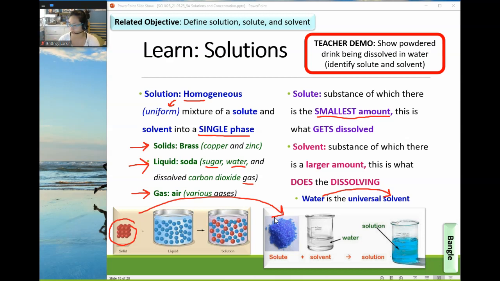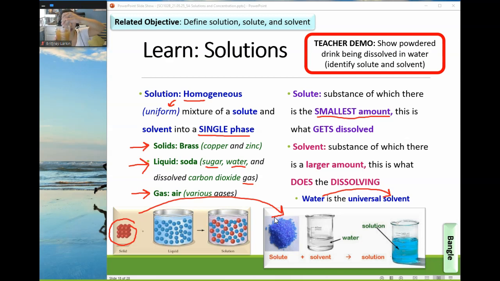So let's go ahead and take a look at an example here. You can see that I have a cup of water and I have some powdered drink mix here for lemonade iced tea. I'm going to go ahead and pour that in there, and mix it up. What you'll notice is that as this begins to dissolve, eventually each part of this will look uniform.